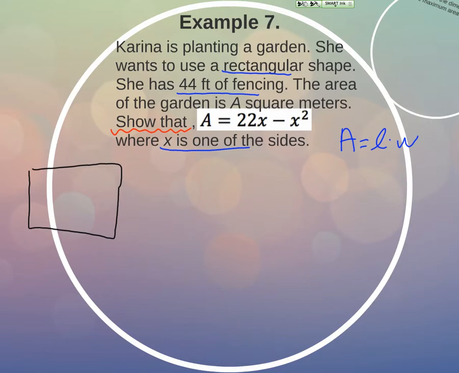Well, I know that in a rectangle, my opposite sides are congruent, so I'm using congruent marks that I learned to use in geometry. I also know that x is one of the sides. So if this side is x, we know that side is x.